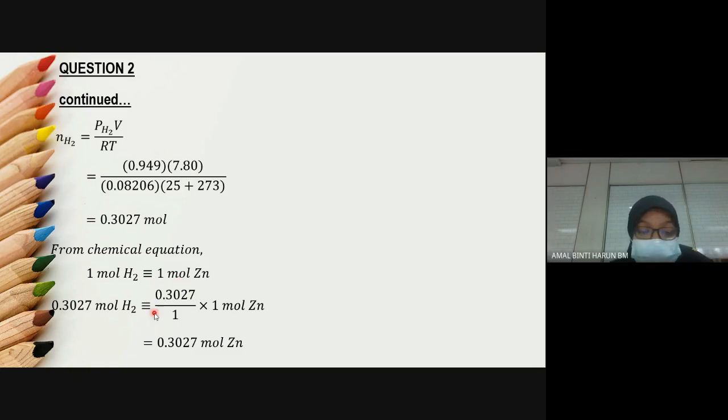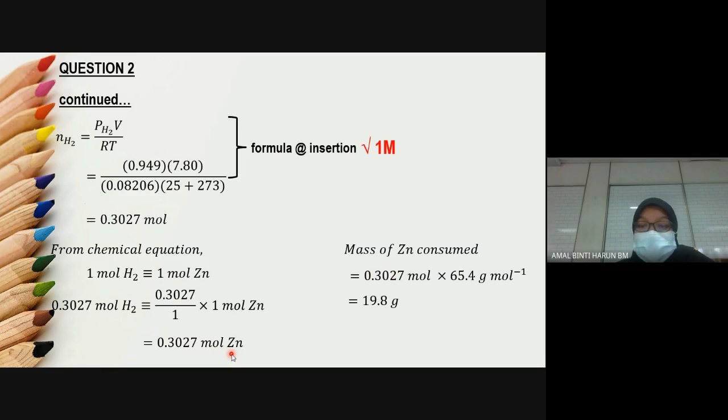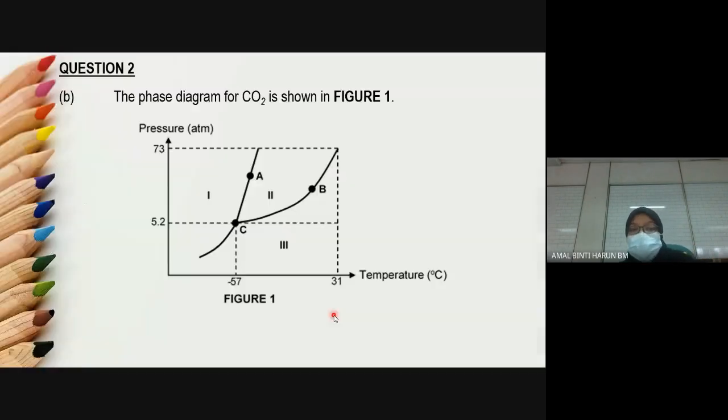The amount of hydrogen produced is formed when 0.3027 mole of zinc reacted. Therefore, the mass of zinc reacted is 19.8 gram. So we first find the number of mole of product formed, and then apply stoichiometry, giving 19.8 gram.